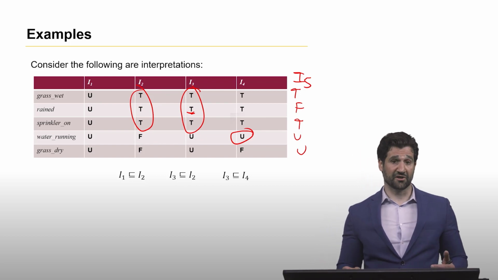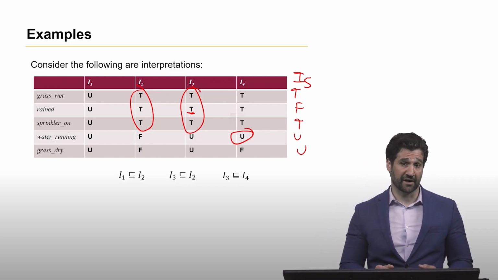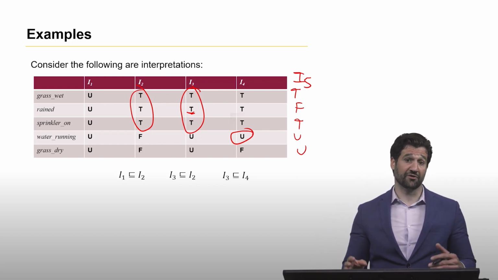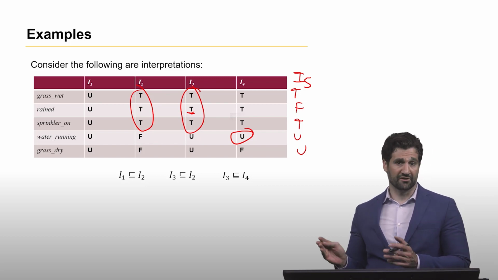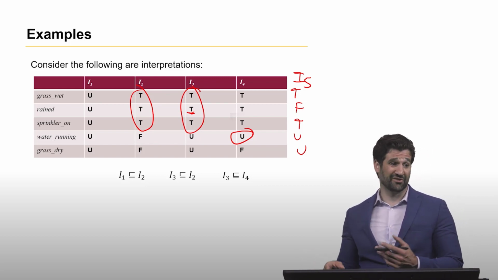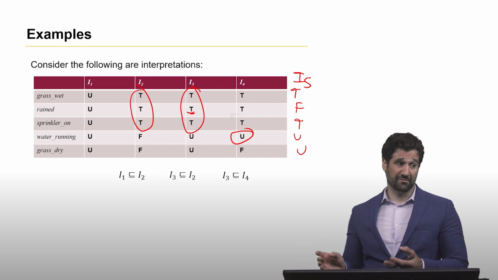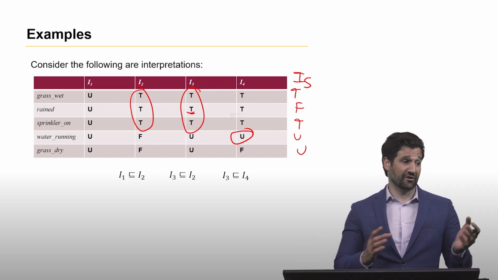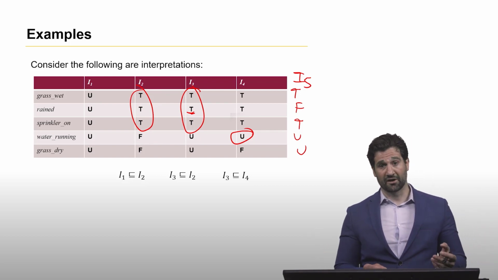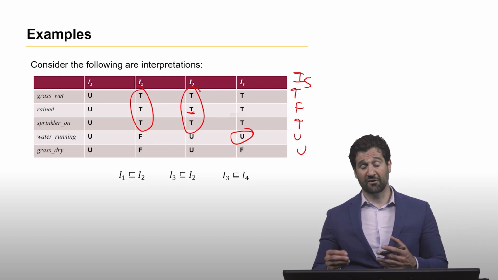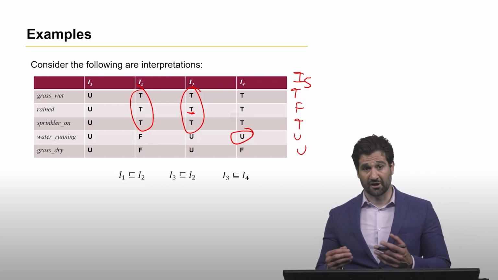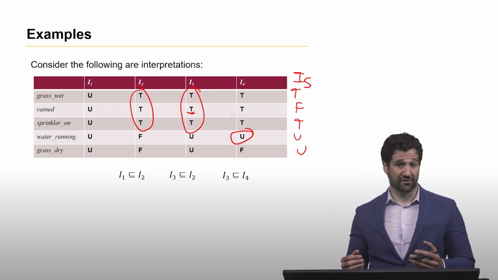Since those are different, these two cannot be compared. Notice this is a big difference from worlds, because in worlds, if something is false and everything else is the same, it's going to be below the other world. Here, false is knowledge in the open world assumption, so they're not comparable.